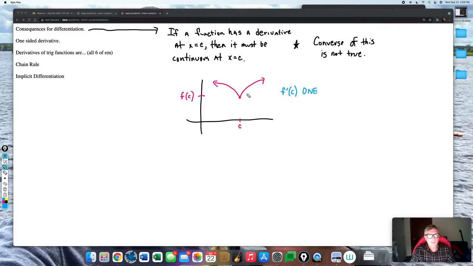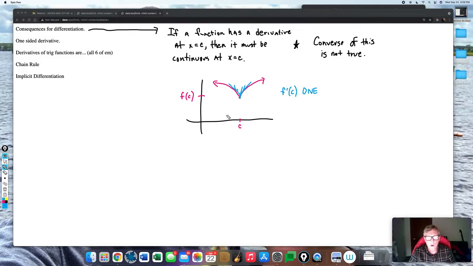The limit of the function exists, so the limit as x approaches c from both sides of f of x is actually f of c, but the slope of the tangent line is a little bit ambiguous. On one side you have slopes that are positive, getting more positive, and on the other side you have slopes that are getting more negative. So the derivative doesn't exist in that case.